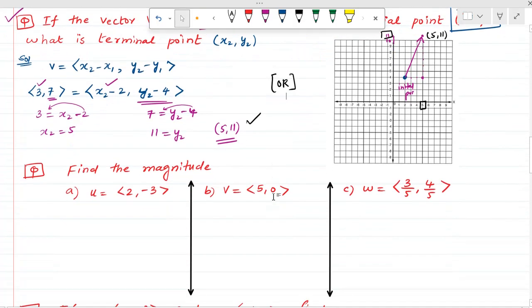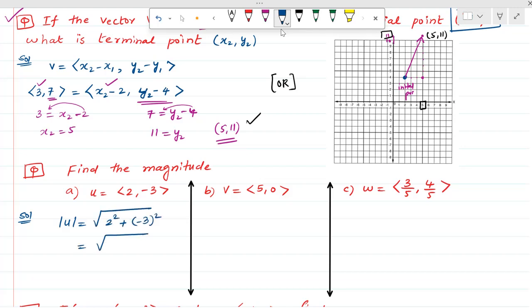Now the next one is the magnitude. I have to find the magnitude of the vectors. So this is the magnitude of u. I am taking the square root of 2 squared plus minus 3 squared. So it is 4 plus 9, which is root 13.